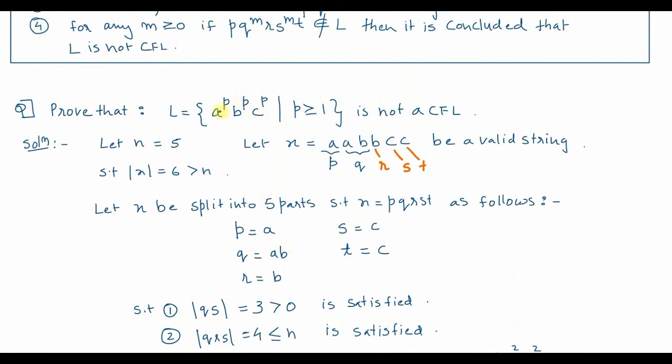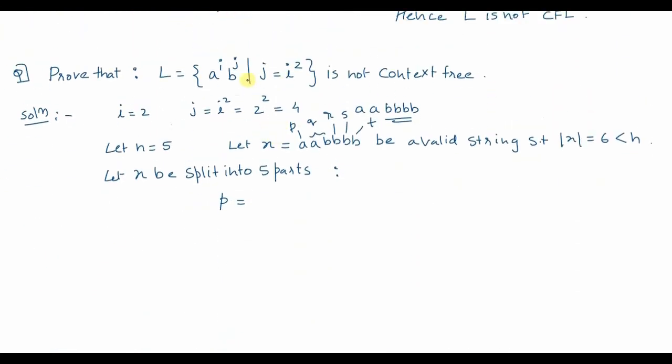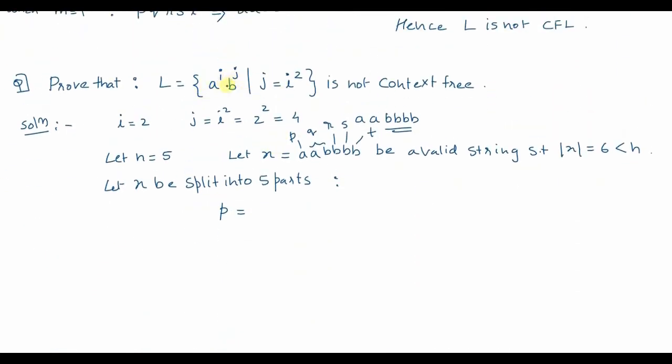Only after all a's are over, then b should start. After all b's are over, then c should start. So for at least some string, the sequence would change if this q was repeated, if I made q equal to ab. It would be ab, ab, ab, and so on. That was one of the ideas. Here also, only after all a's are over, then b should start. The thought process behind considering q equal to ab is again similar.